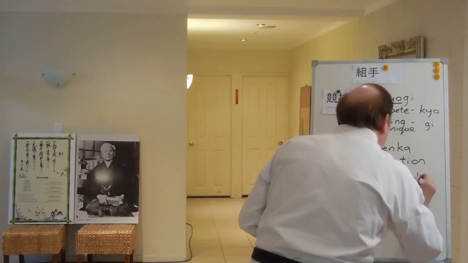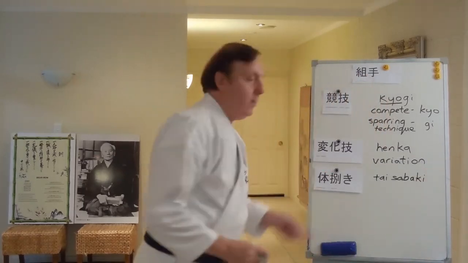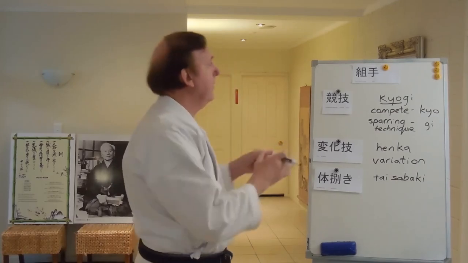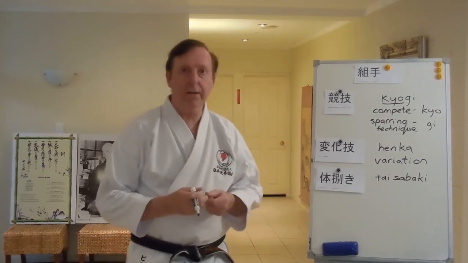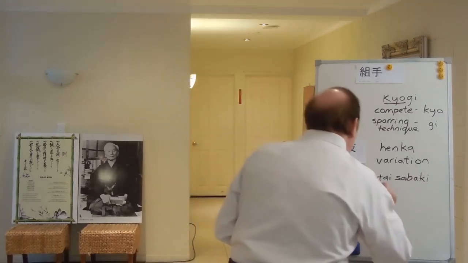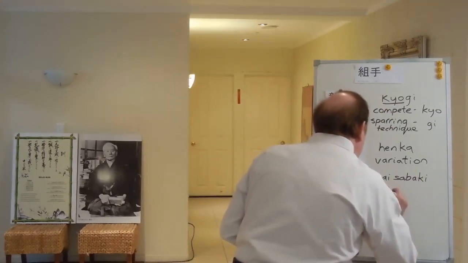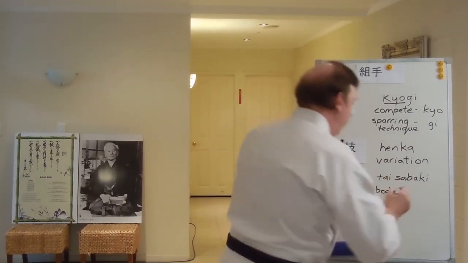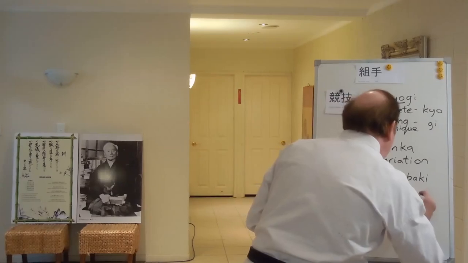Now this term has already been taken up in the previous Kihon section, but just because it's now relevant to the Kumite precisely, I'm going to take it up again. So tai means body. So this is body. And sabaki means basically to handle or to deal with.